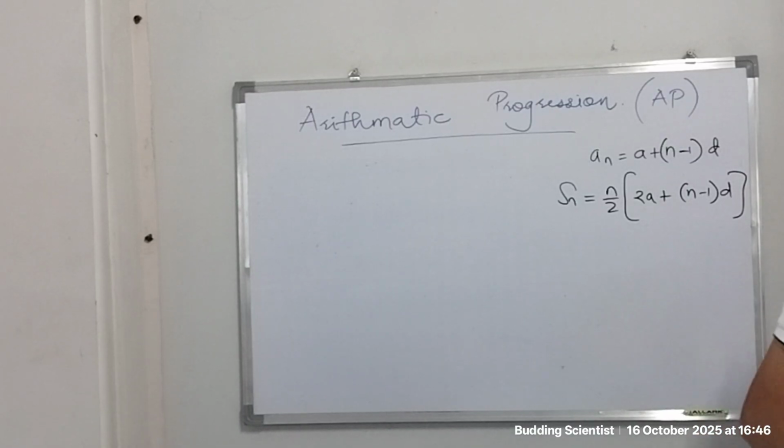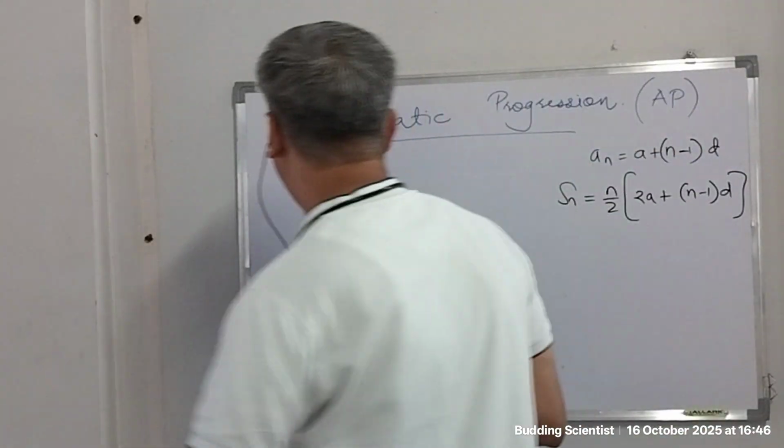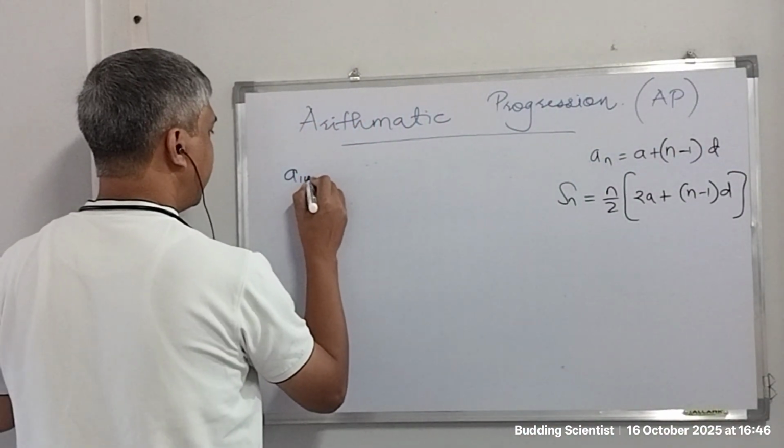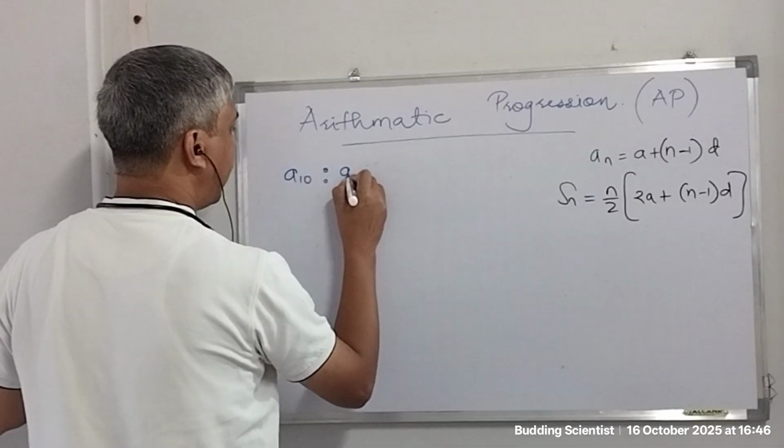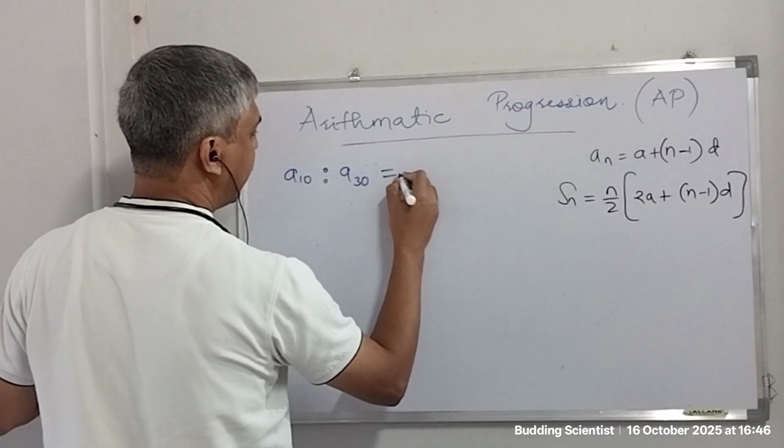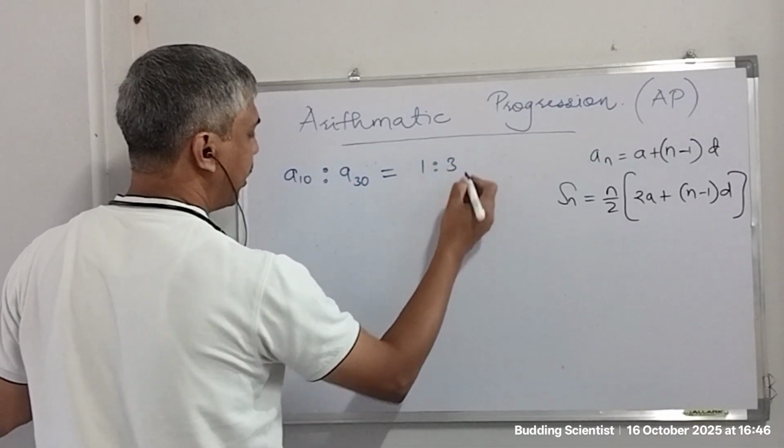I'll read out the problem. The ratio of the 10th term to the 30th term of an AP is 1 by 3, meaning the 10th term A10 to the 30th term A30 is equal to 1:3.